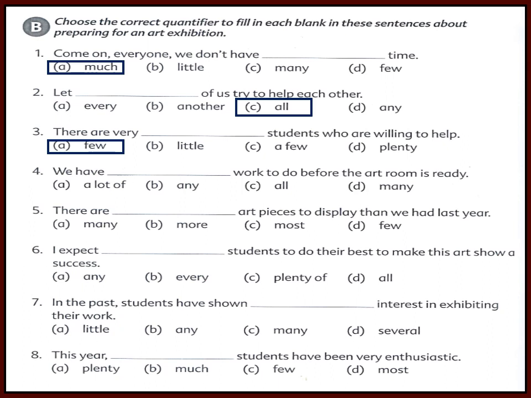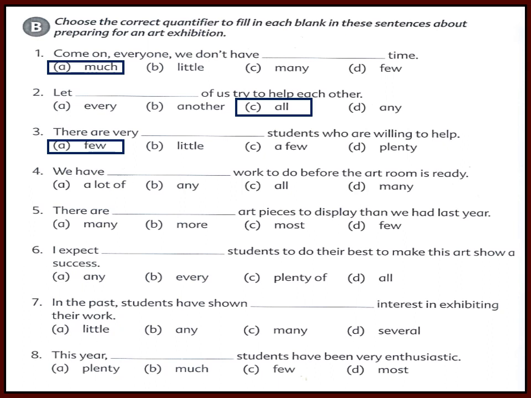So few we will use here. And why not a few? Because it gives you the idea of single; we use it with a singular noun. And little is not suitable here, because mostly we use it with non-count nouns, right? Little student we don't say. So few is the appropriate answer.